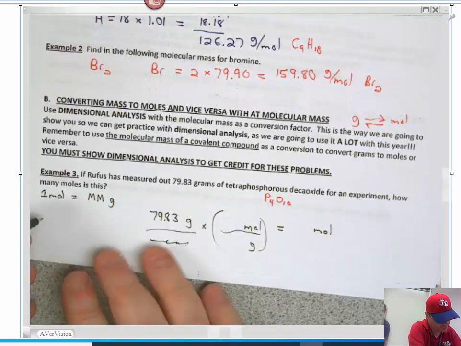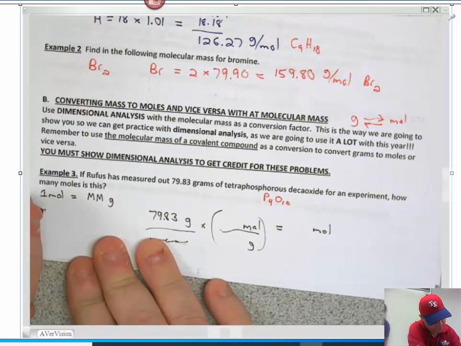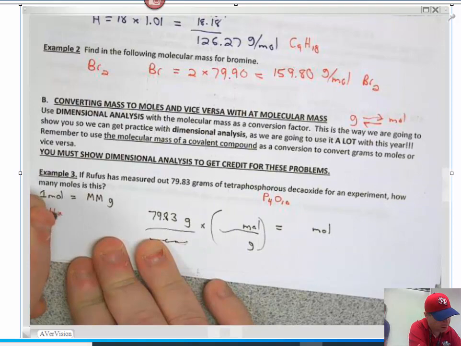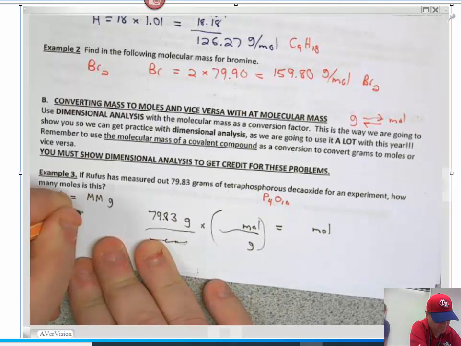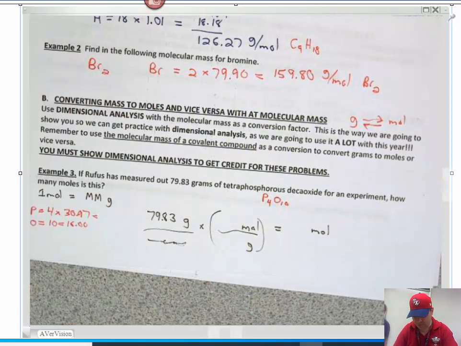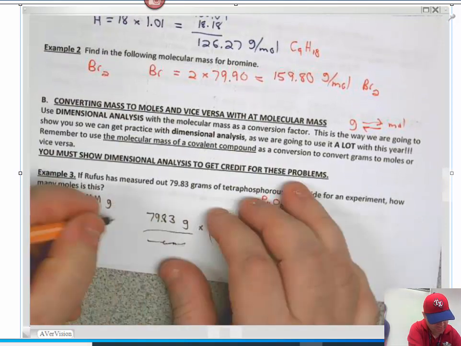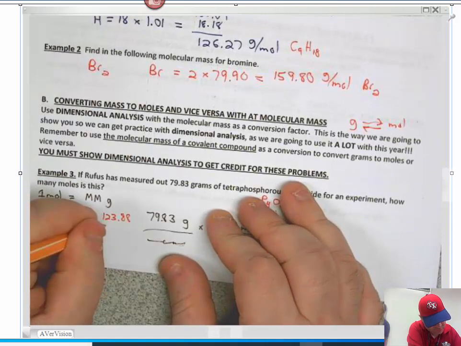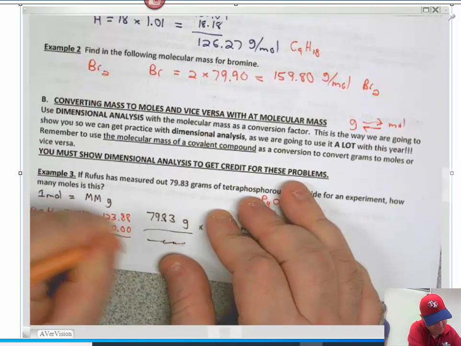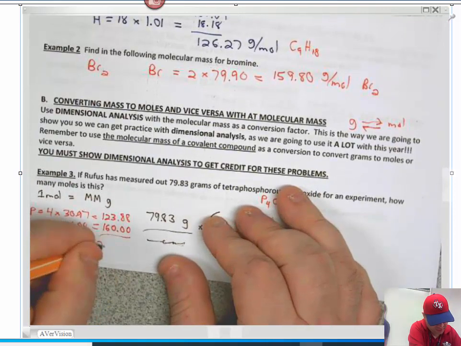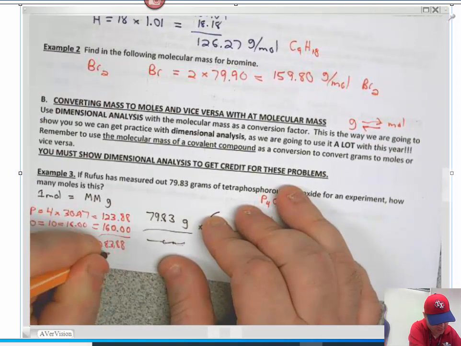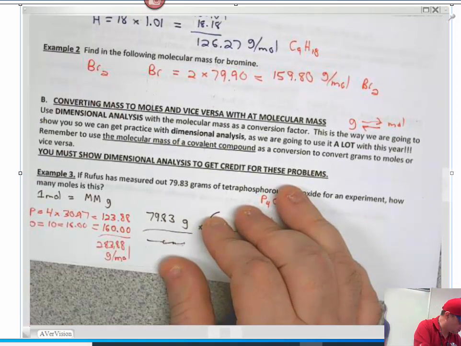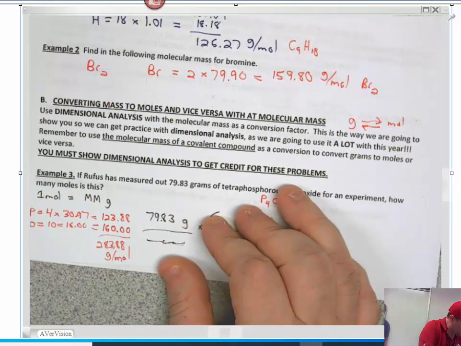So we have to do P is 4 times 30.97 and O is 10 times 16.00. 4 times 30.97 is 123.88. This is 160.00. So our molar mass should be 283.88 g/mole.